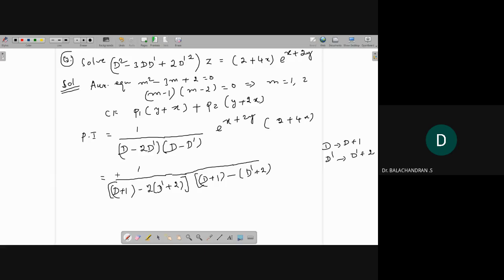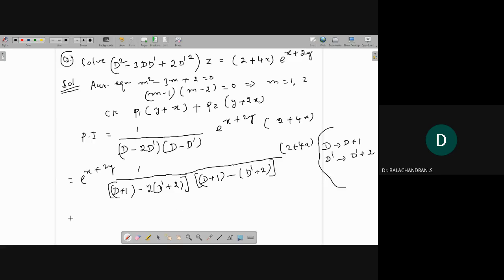And here you should write the operator e power x plus 2y. So once you have operated this, you write this here. Now hereafter I am not going to use this one. Here just keep 2 plus 4x.